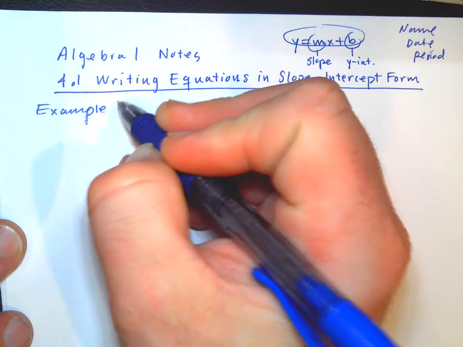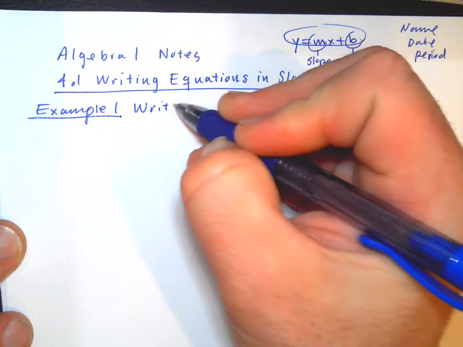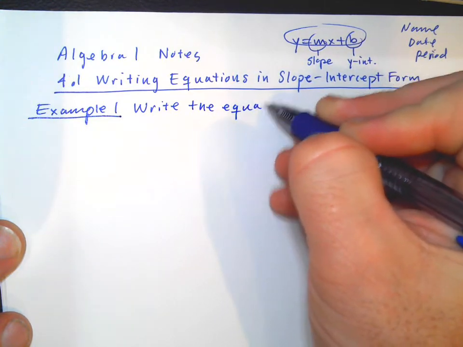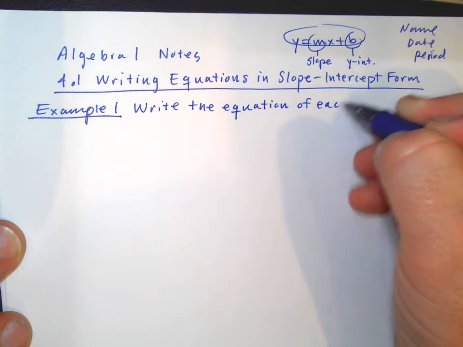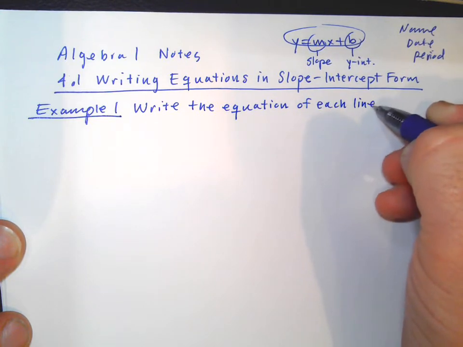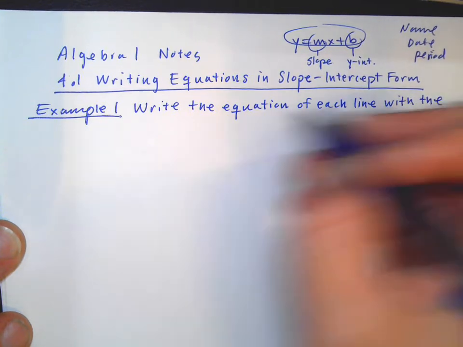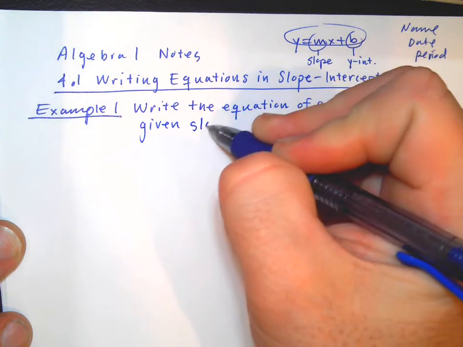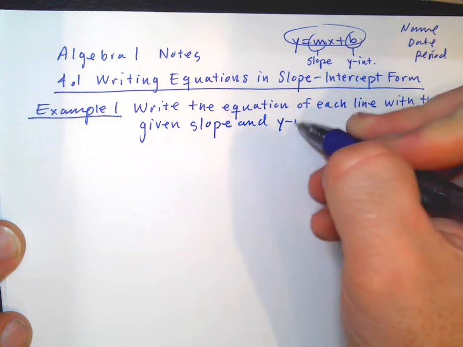So example 1, we are going to write the equation of each line with the given slope and y-intercept.